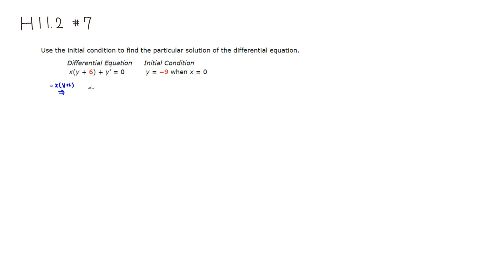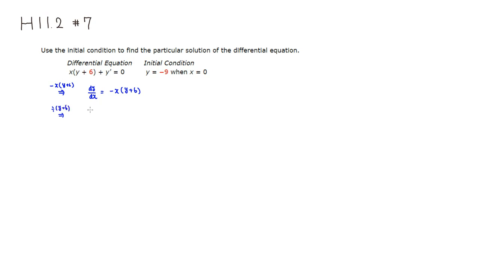So we get dy over dx, I'm going to write it this way, equal to negative x times y plus 6. Then we can just divide through by y plus 6.